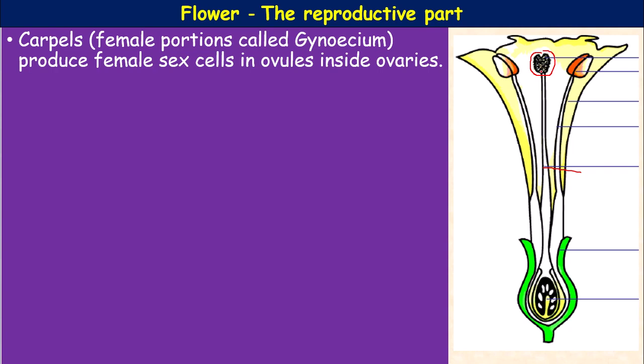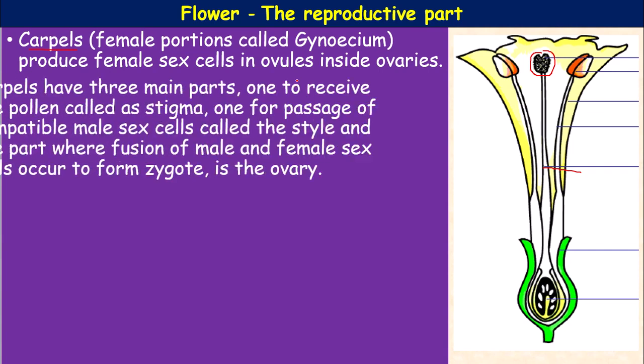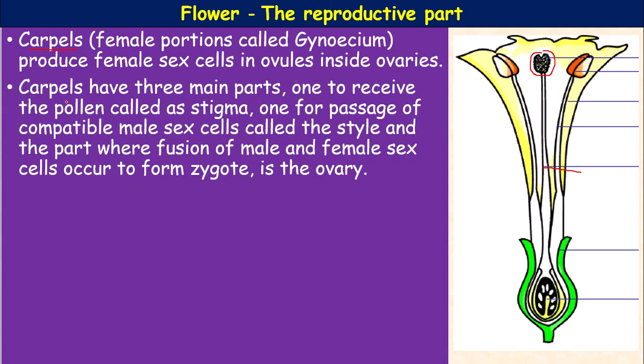The ovary contains the female gamete. Egg is present inside the ovule. The reproductive part produces the female sex cells inside the ovary. The stigma is sticky in nature.